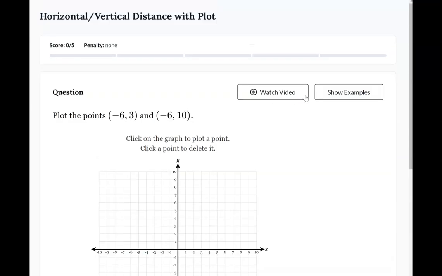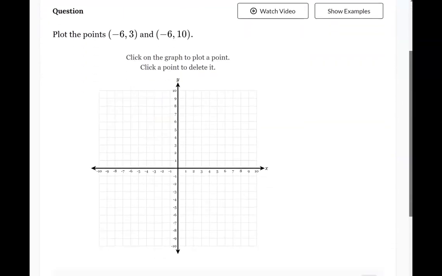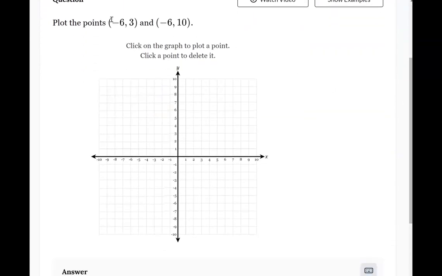So let's take a look at the next topic, which is horizontal and vertical distance with a plot. So they're going to ask you to plot 2 points, and they're going to ask you to determine the distance. So -6, comma 3 is here. -6, comma 10 is way up there.